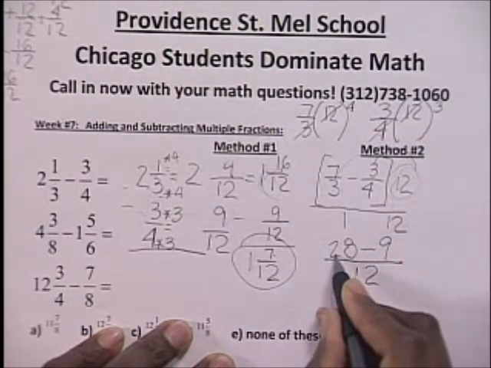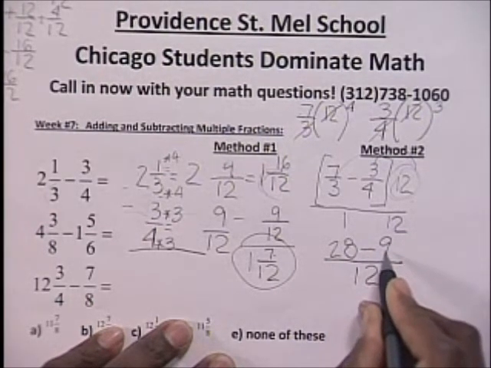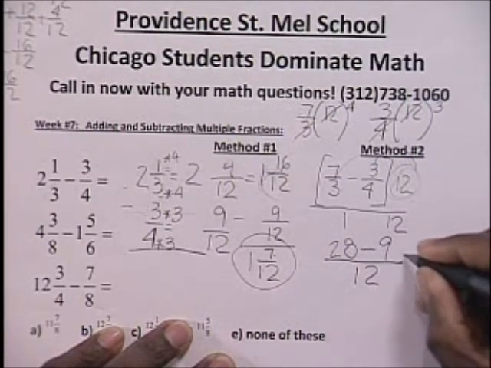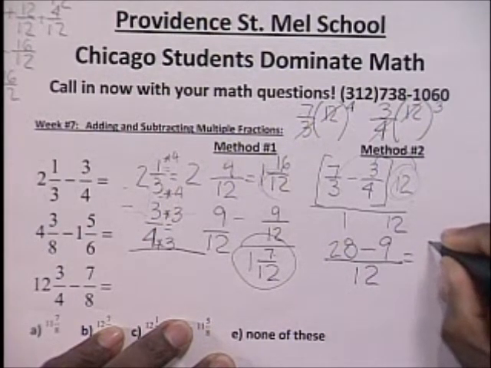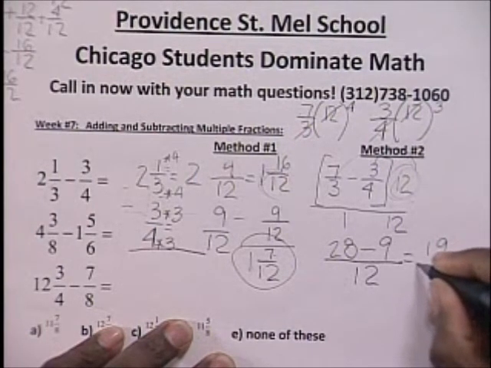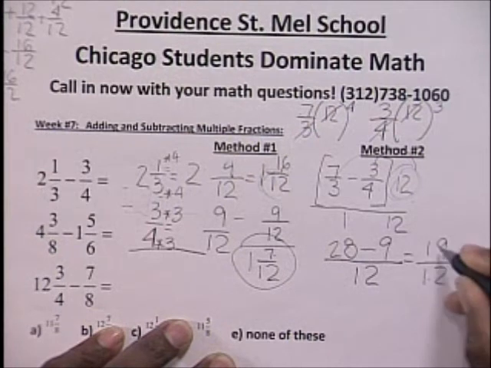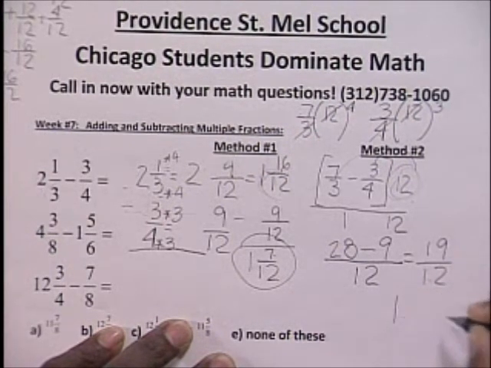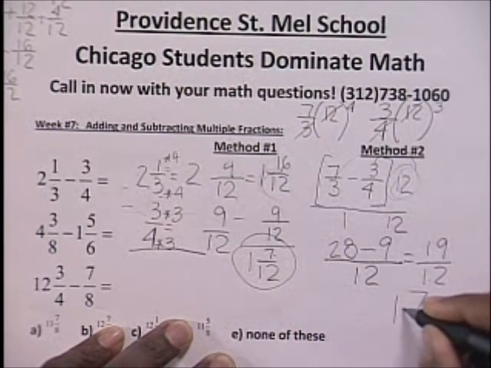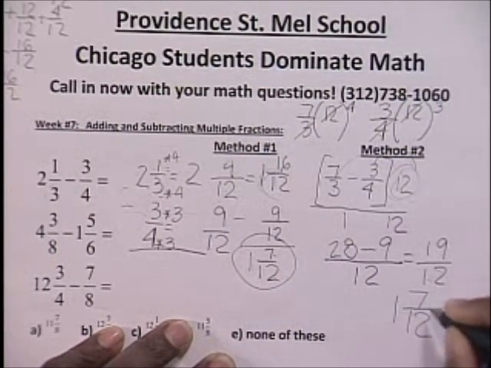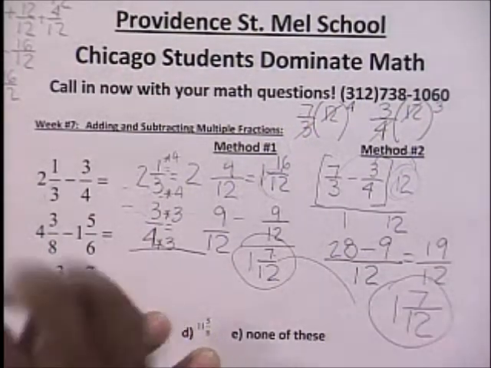And you end up with 28 minus 9 is 19 over 12. And you'll notice that 12 divides into 19 one time. The remainder would be 7. And the denominator here would remain 12. 1 7/12.